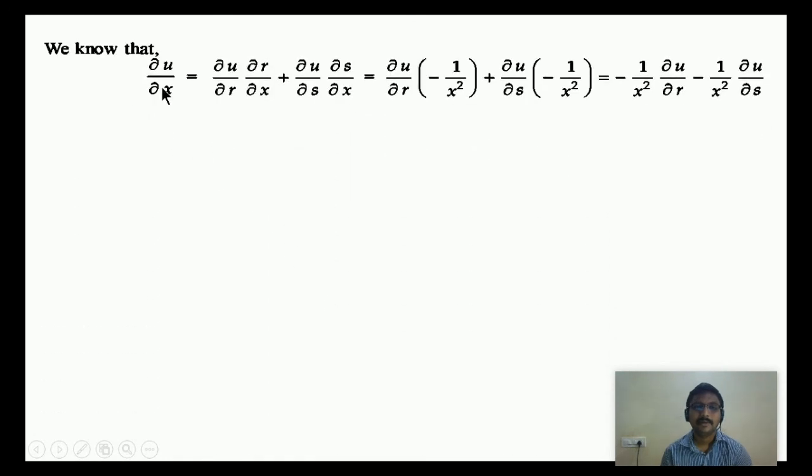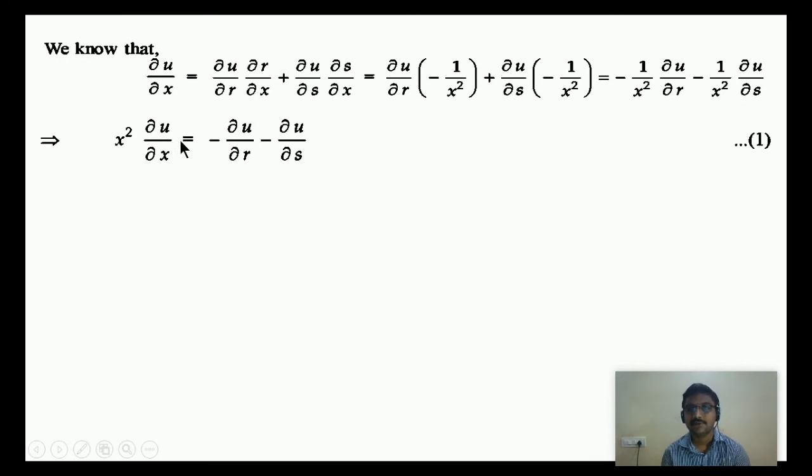Now ∂u/∂x can be split as ∂u/∂r into ∂r/∂x plus ∂u/∂s into ∂s/∂x. Substituting the above values and then simplifying, we will have the value of ∂u/∂x. Similarly, multiplying on both sides with x square, we will have x square ∂u/∂x.